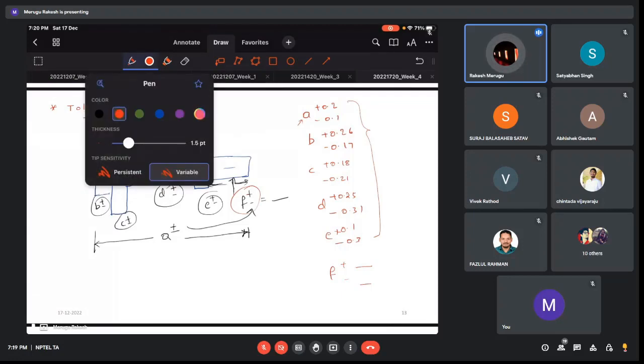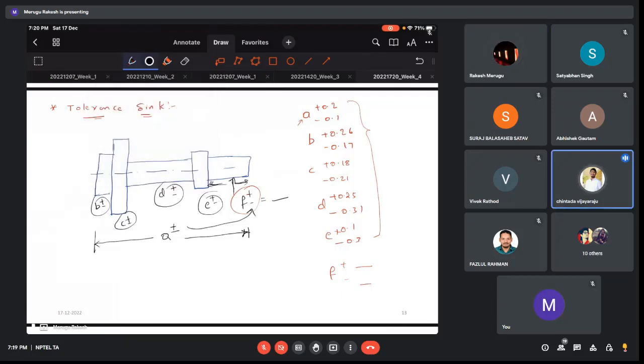Just calculate. Meanwhile, I will also do it here. 0.79. Upper limit or lower limit? Upper limit. 0.79, 0.59 minus 0.59. Okay. Lower limit?